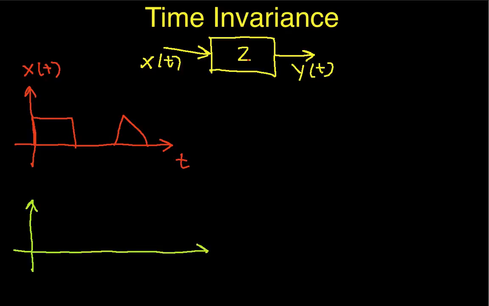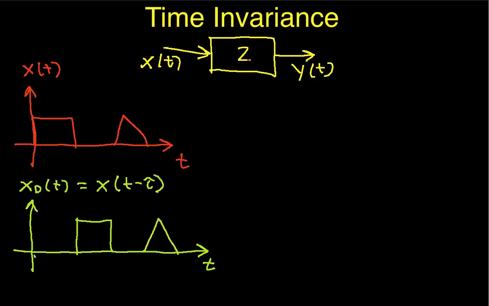The experiment I'm going to run is to pass the undelayed x of t through and the delayed version, which I'll call x sub d of t. This is x of t minus tau. So we're going to delay the input by an amount tau. The delayed input is going to look like this, and this distance is tau.